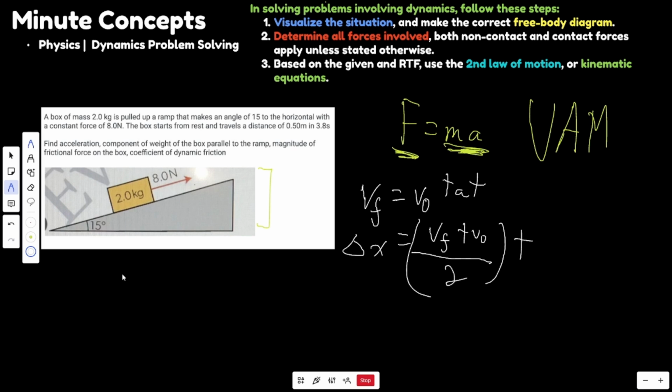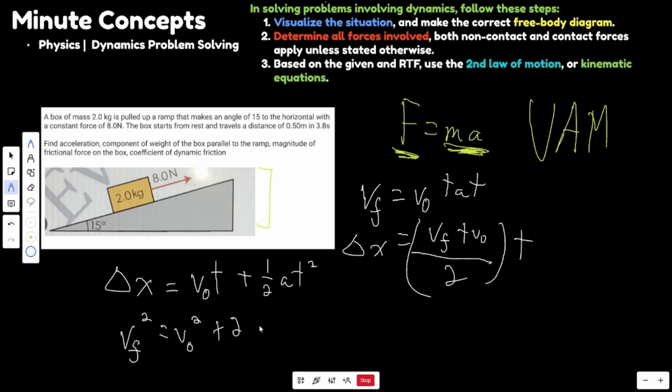We also have delta x is equal to initial velocity times time plus 1/2 acceleration times time squared. And we also have final velocity squared is equal to initial velocity squared plus 2 times acceleration and delta x.